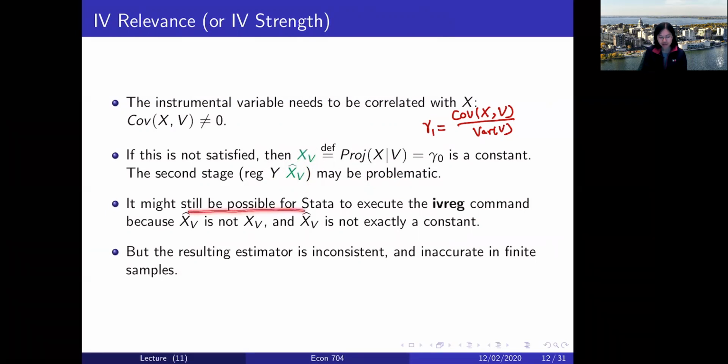Stata might still be able to execute your IV regress command. Your second stage may still run, but the resulting estimator is going to be garbage. It's not going to be consistent, and it's inaccurate in finite samples. So you should really make sure that the instrumental variable is relevant. There should be a good story to say why the IV and the causal variable are correlated.